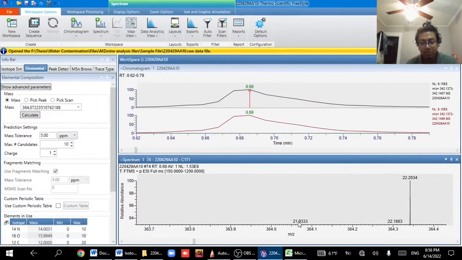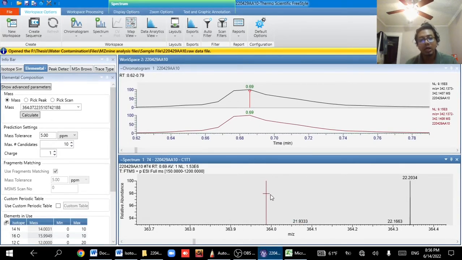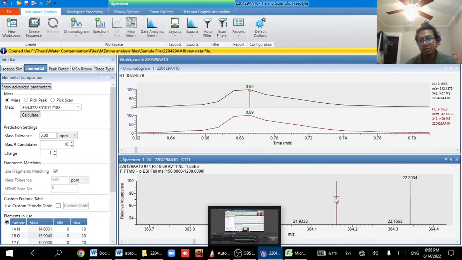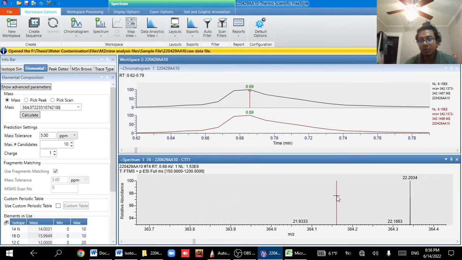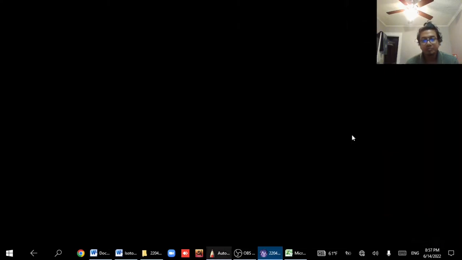So this peak, 21.933, is not the peak of M plus K. So I do not get any M plus K peak here. So our sample does not have any potassium, but our sample has M plus NH4, M plus H, and M plus Na peaks.